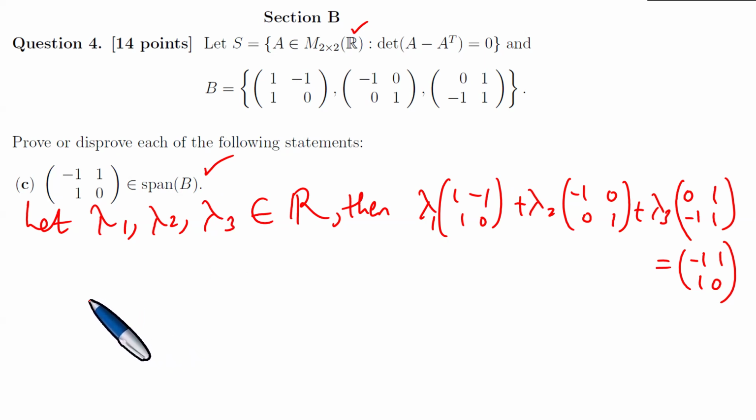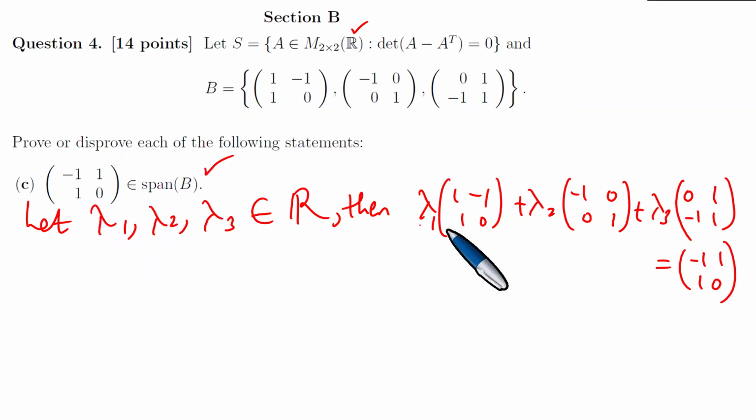Now we see if there's a solution to this or not. If there's a solution, it means that yes, it can be written as a linear combination. Sometimes there's no solution, in which case this one is an odd matrix out of the picture.